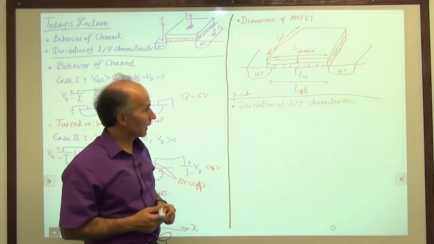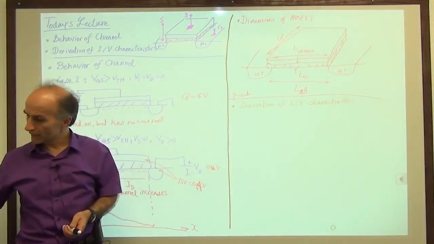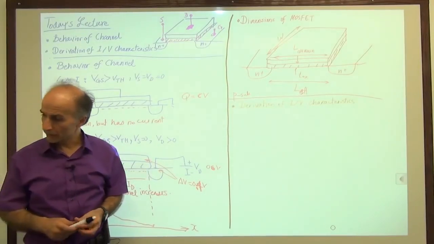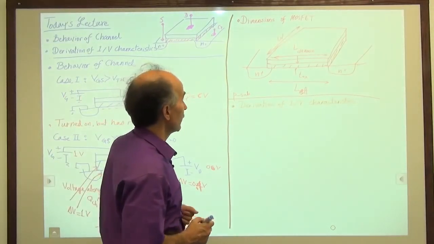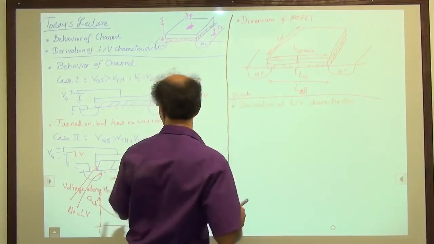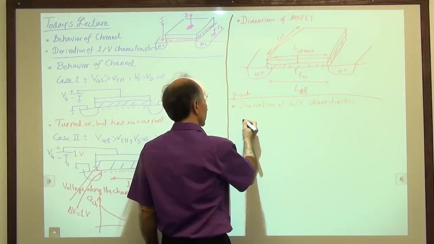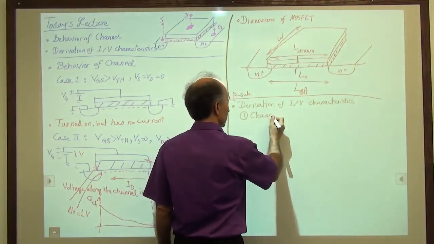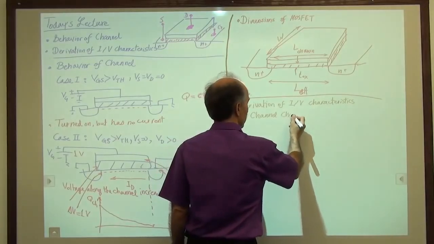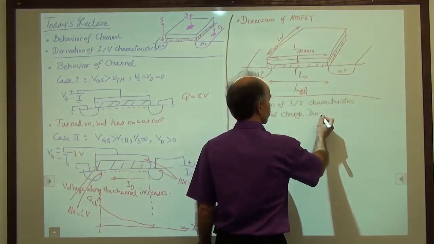To do that, I will first need to talk a little about the channel charge density, following the behavior that I've studied here. So let's start with some study of channel charge density.